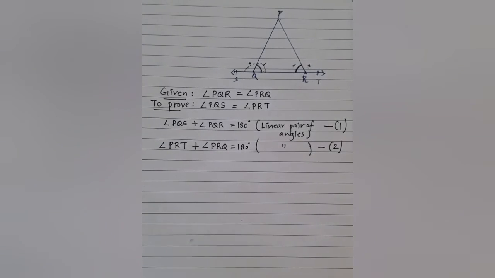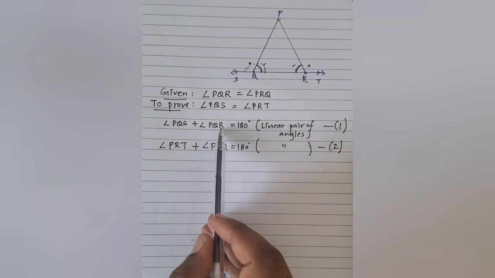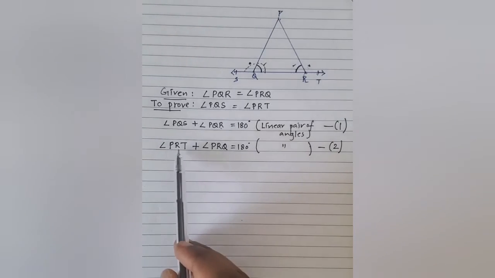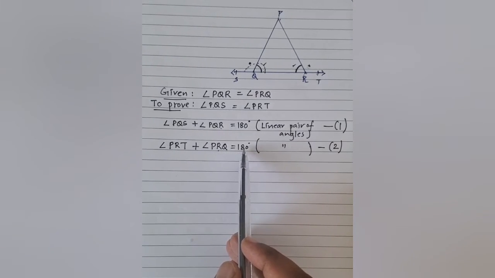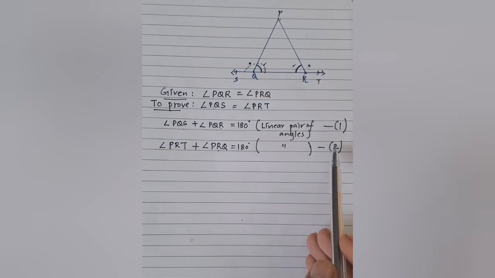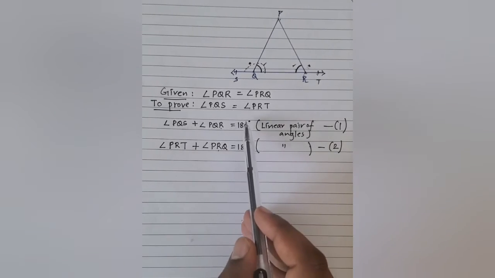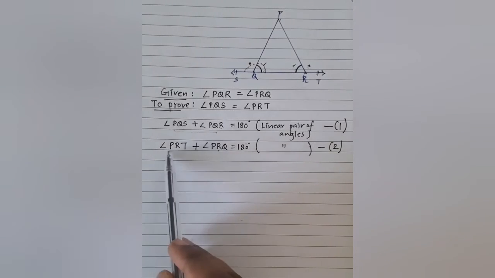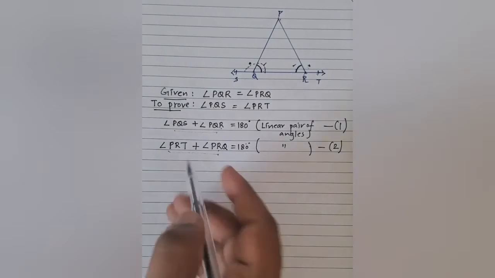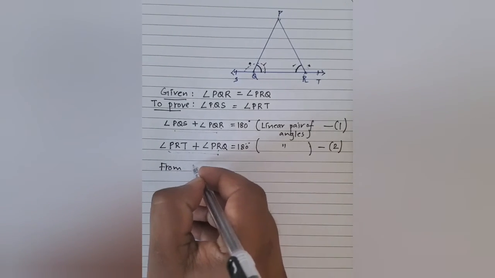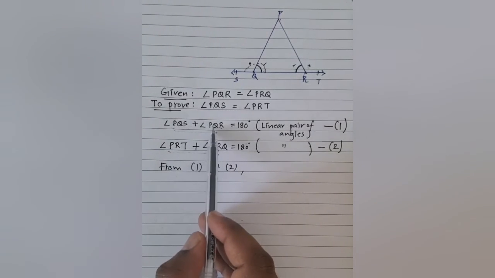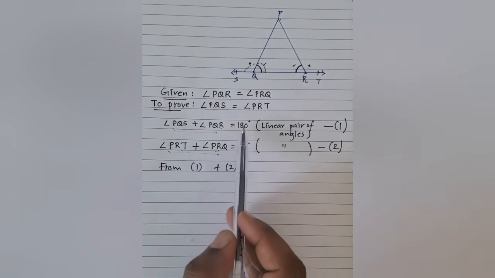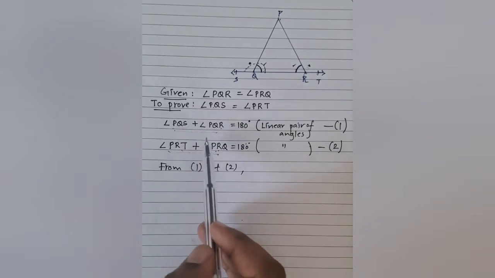Now, from the first and second observations, we got that the sum of these two angles is equal to 180 degrees, and the sum of PRT and PRQ is also 180 degrees. So from 1 and 2, since the sum of these two angles as well as the sum of these two angles are both equal to 180 degrees, they will be equal to one another.